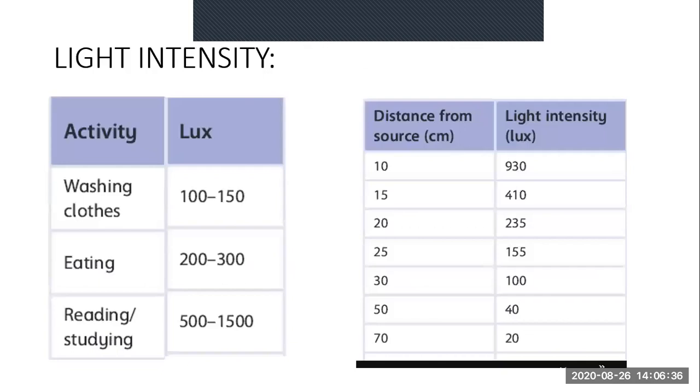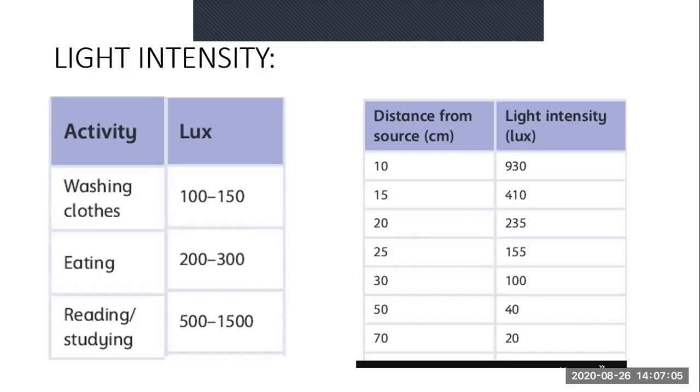Let's look at light intensity for activities. This is the activity and this is the measurement. When you are washing clothes, light intensity must be between 100 and 150. During eating, between 200 and 300.